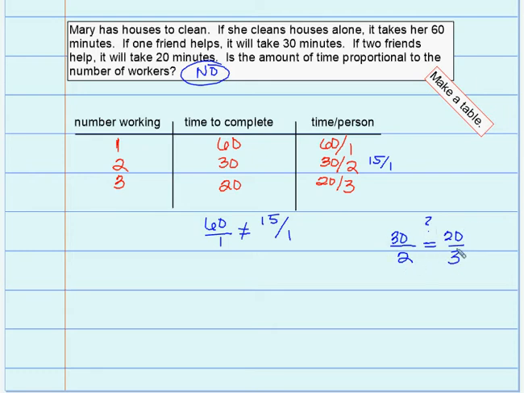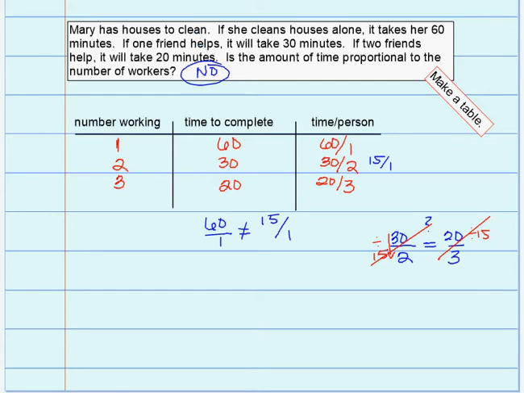Any of the methods that you do, you could see that you would divide this by 15 if you go this way, and 20 divided by 15 is not going to get you 3, so that doesn't work. So that's how you can use tables and setting ratios equal to each other to see if you have a proportional relationship.